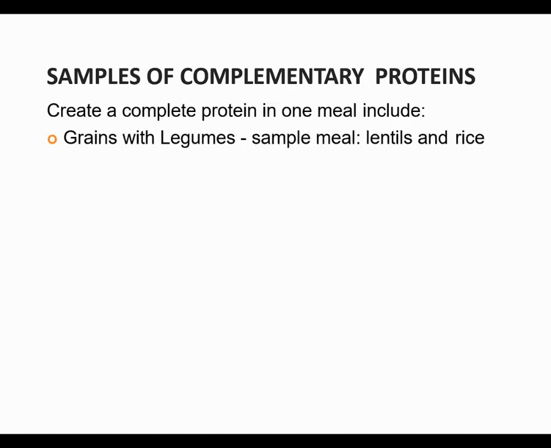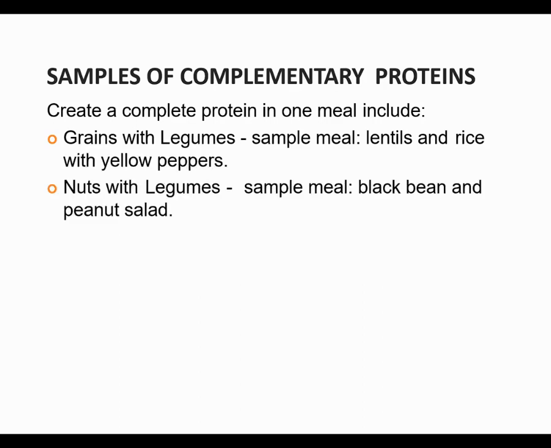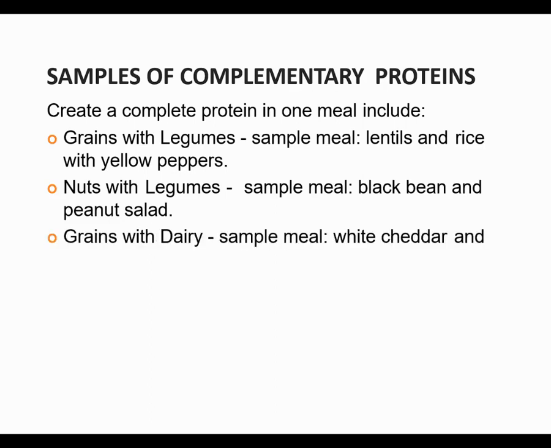If there are amino acids that are missing from one food, you compensate by adding another protein that contains the missing amino acid. An example of that one is grains with legumes, so you have lentils and rice with yellow peppers. Nuts with legumes, so you have the black bean and peanut salad. Grains with dairy, you have cheddar cheese.